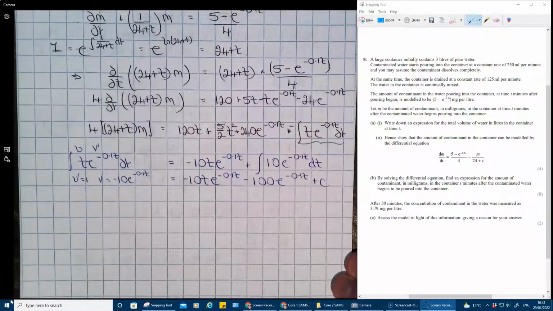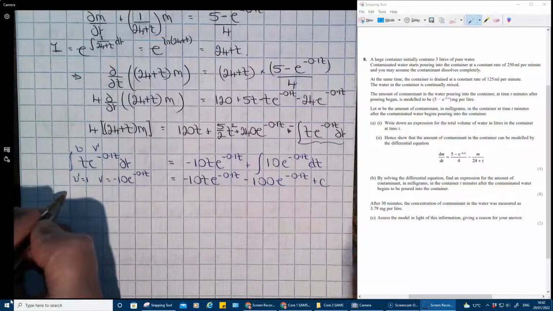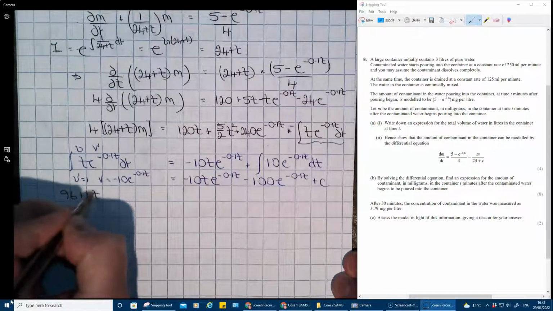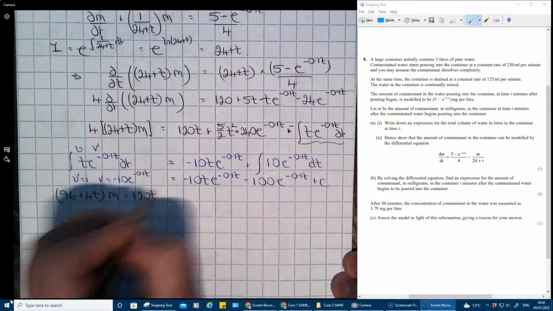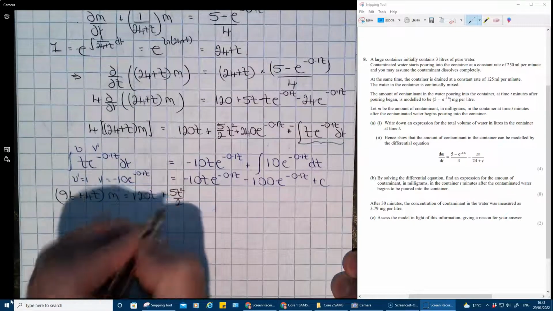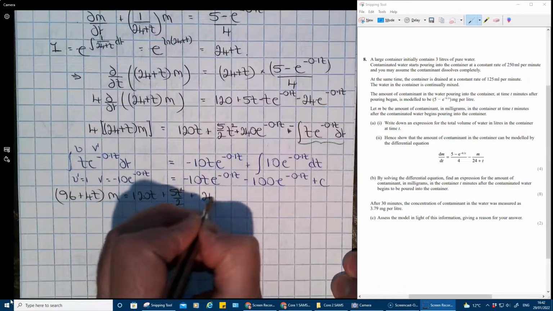So now, going back to my black pen, I've got 96 plus 4t lots of m equals 120t plus 5t squared over 2 plus 240.